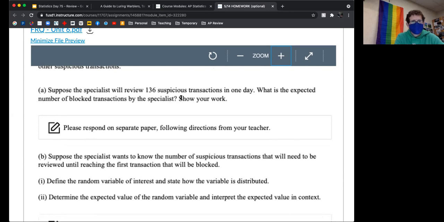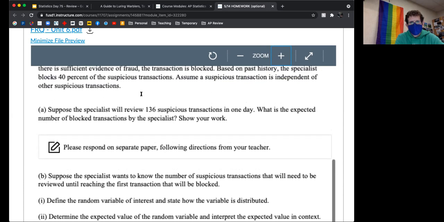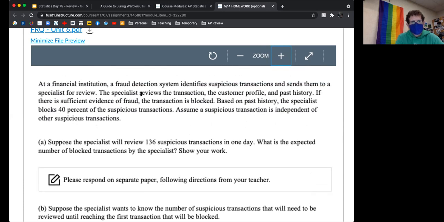Suppose that a specialist will review 136 suspicious transactions in one day. What's the expected number of blocked transactions by the specialist? Well, this is where we're finding the expected value. Another way of finding this is just n times p. So it's 136 trials, and we could block 40%. This is p right here.